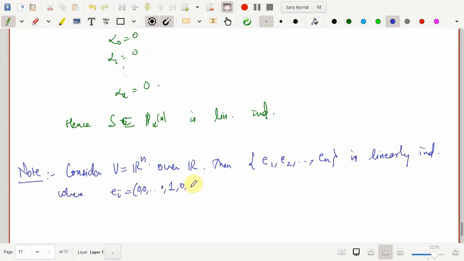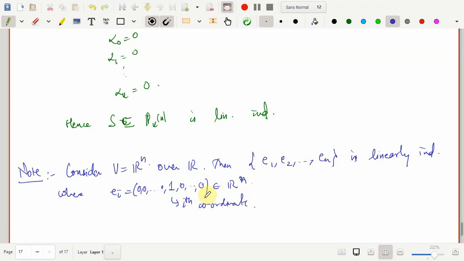This is a vector in Rn. So if n is equal to 3, there will be e1, e2 and e3 only. e1 would be 1 0 0, e2 will be 0 1 0 and e3 will be 0 0 1.